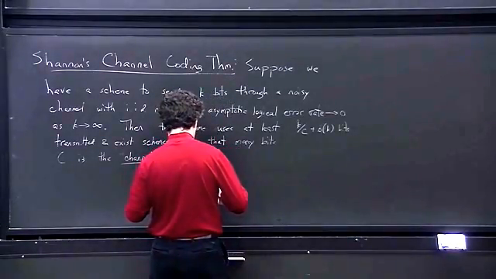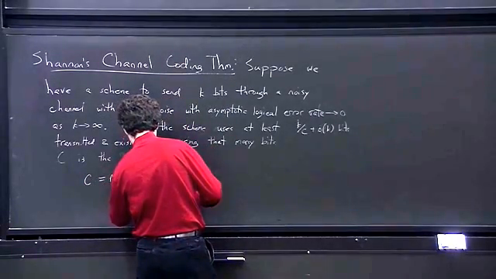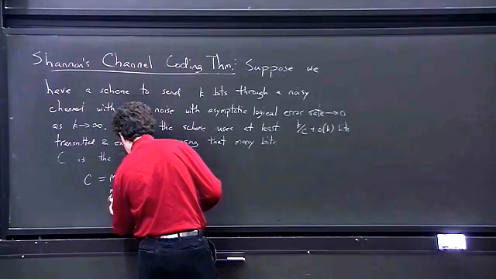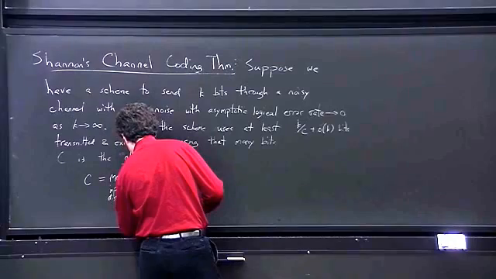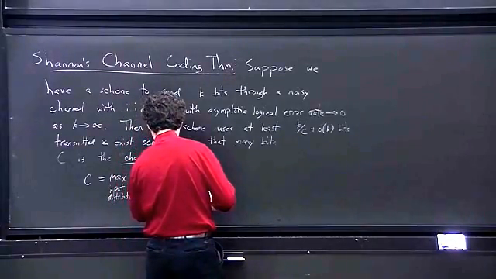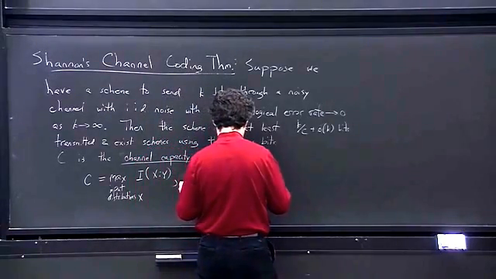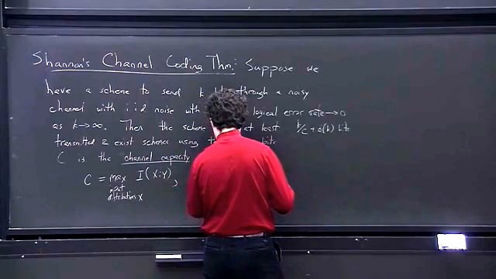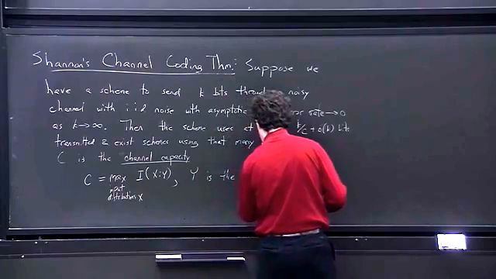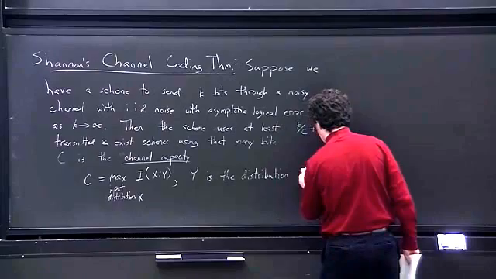C is given by this formula, the maximum over input distributions x of I(x;y), where y is the probability distribution given by applying the channel to x.